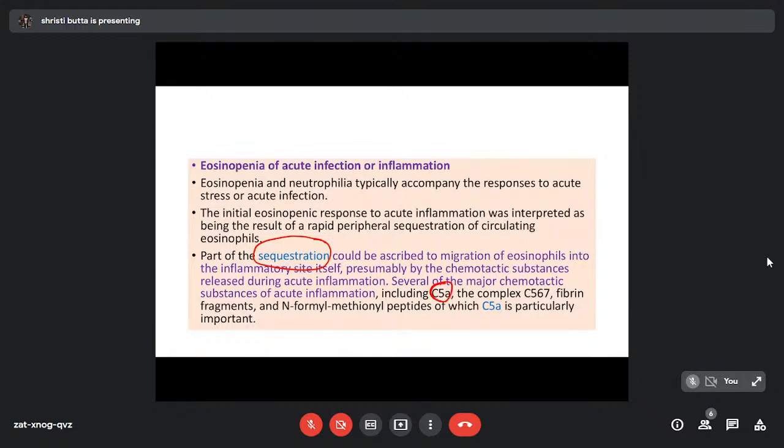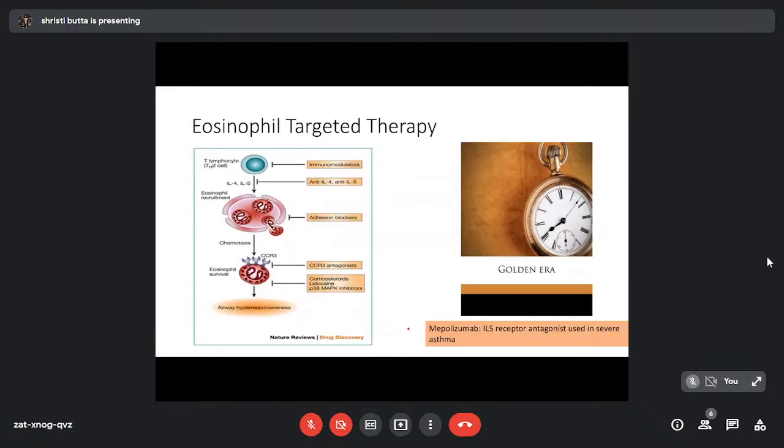Now, this is a golden era for eosinophil targeted therapies. T helper 2 cells can be inhibited by immunomodulators. They subsequently release interleukin 4 and 5, of which IL-5 is very important because it allows for eosinophil recruitment. So anti-IL-4, and now we have mepolizumab, which is an anti-IL-5 antagonist, which has been used in severe asthma.